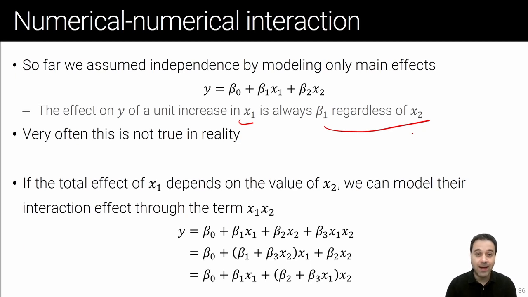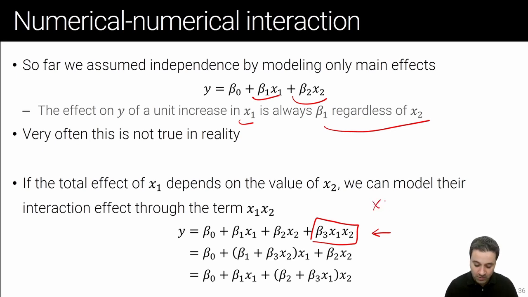Well, we model them by adding a new term into the model that equals the product of x1 and x2. So the model now becomes something like this here. We go from the model of only x1 and x2 to a model in which we have the same plus this new term over here, which is the coefficient, beta 3, times a new variable that is the product of x1 and x2.